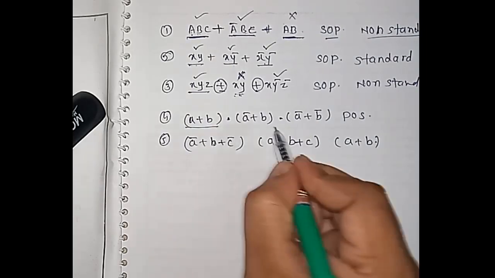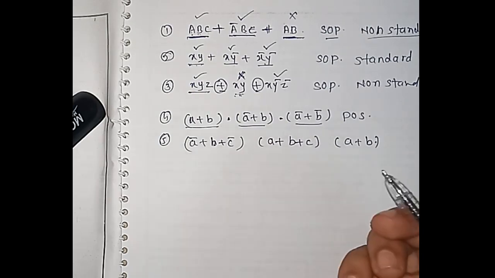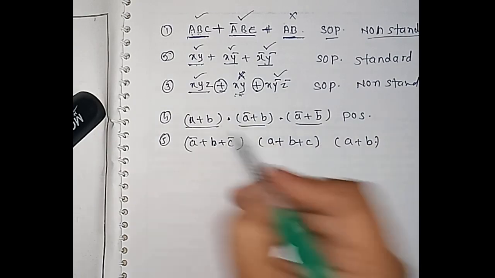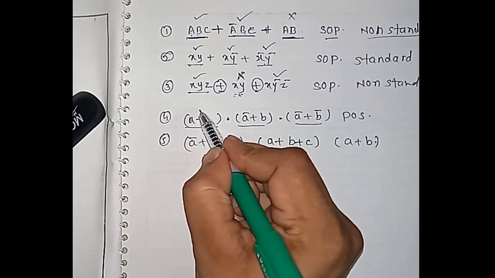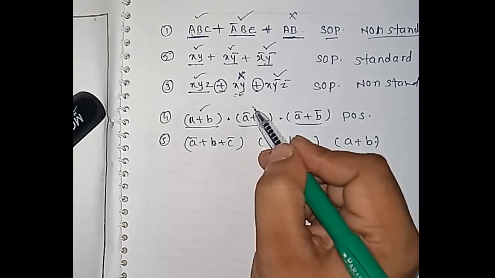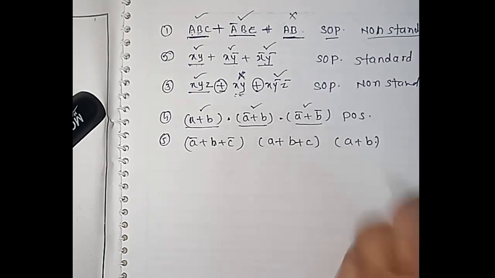How many sum terms are there? 1, 2, 3. Then find out how many literals there are. For this equation, a maximum of 2 literals are there, A and B. The first sum term consists of all literals, so this is a valid sum term. The second term also has all literals, so this is also valid. The third one is also valid.